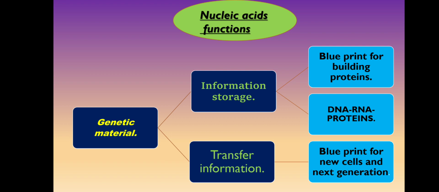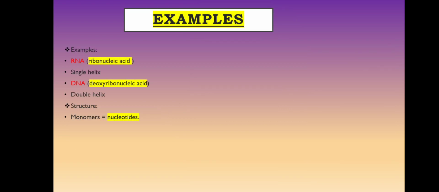DNA is a complex of pentose sugar, phosphoric acid and some cyclic bases containing nitrogen. The sugar present in DNA is deoxyribose, that is beta D-2-deoxyribose. The cyclic bases that have nitrogen in them are adenine, guanine, cytosine and thymine.